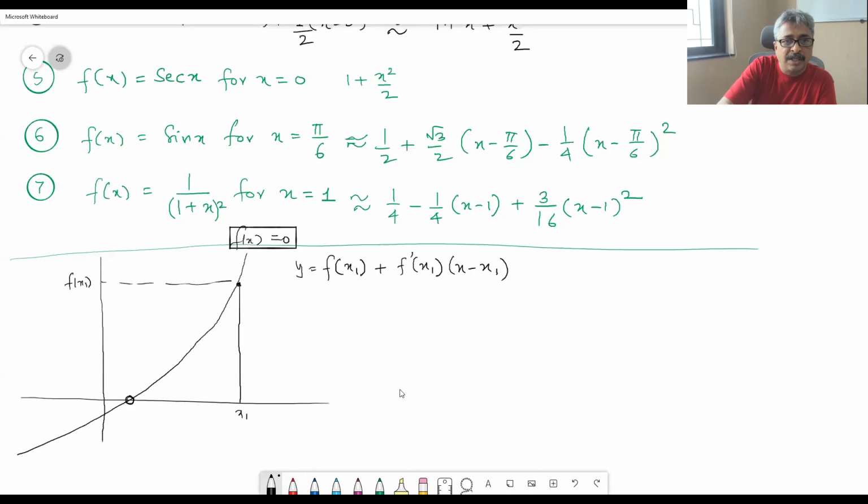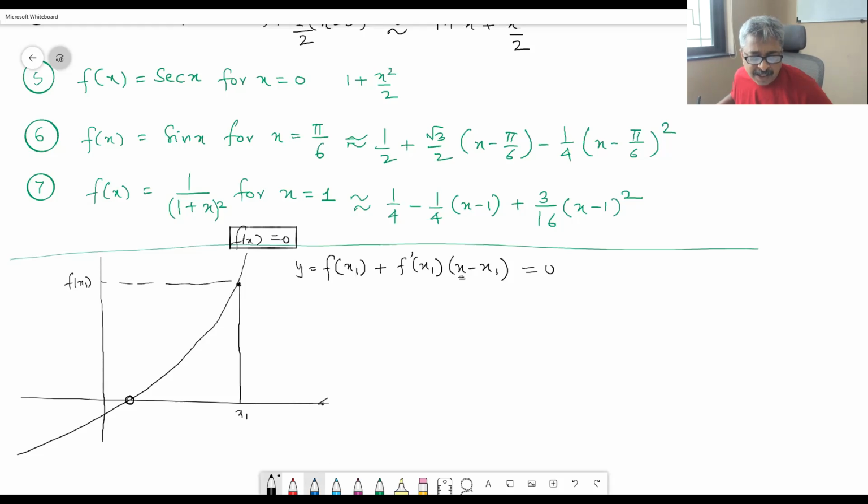Correct? So Newton has given an amazing technique. Using this formula, if we solve this simultaneously with y is equal to 0, that means a straight line, then what do we get? What is the value of x that you get if you solve this? And this is linear. What is this?